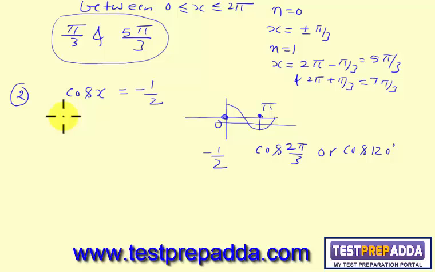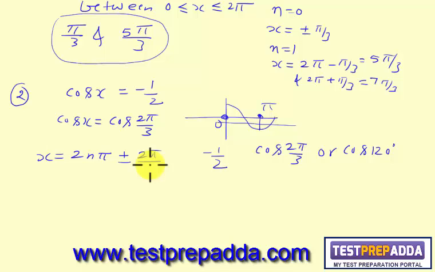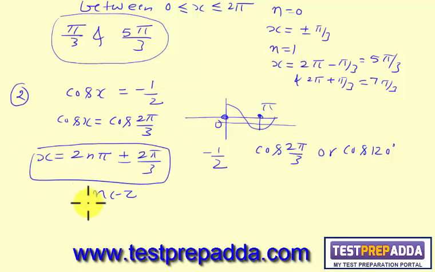So I can write this as cos x is equal to cos 2 pi by 3. So what general solution can you write here?